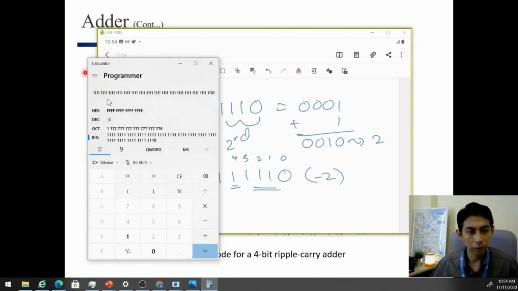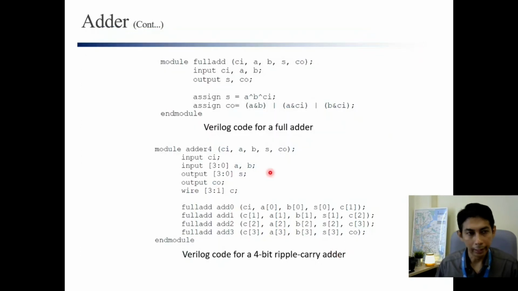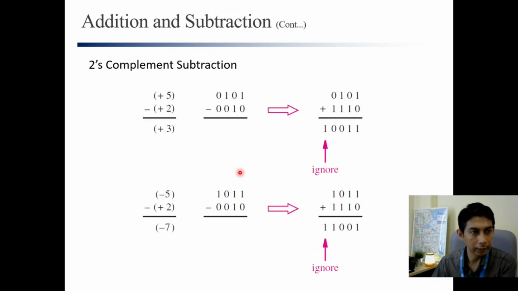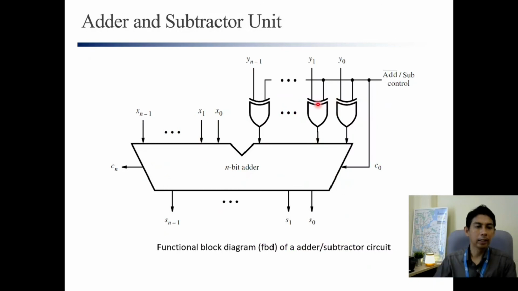We will use this a lot later on in our design, so you need to understand this. So that will be the adder and the subtractor already. For that, we can design our subtractor using an adder, meaning that with an adder you can have two functions actually.